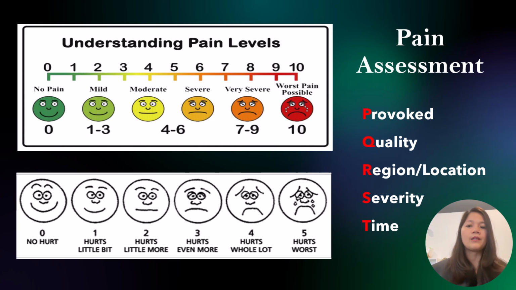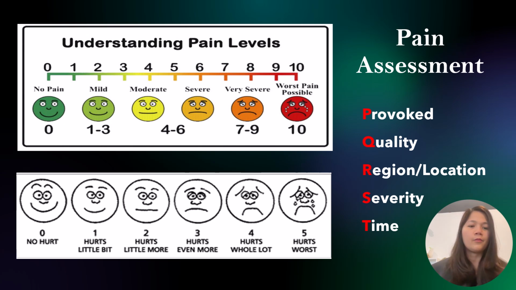So here we are using pain scale, either numeric, 0 to 5, 0 to 10, or using Wong-Baker faces. So we have here, for example, 0 means no pain, 1 to 2 mild, 3 to 4 moderate, 5 to 6 severe, 7 to 8 very severe, and 9 to 10 is worst pain possible.